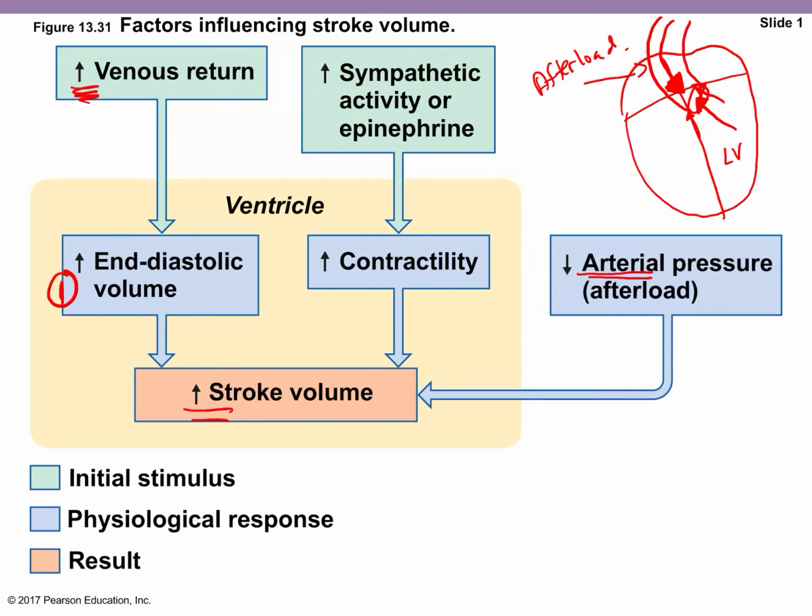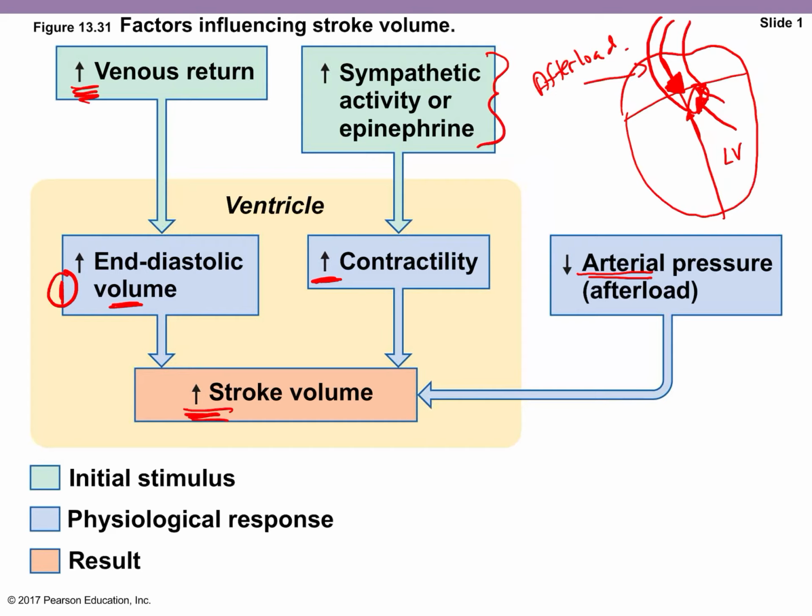So we looked at the end diastolic volume. This is how much blood comes in, right? So venous return, how much blood is coming back into your heart. It's going to fill, right? So the end diastolic volume is going to increase stroke volume because our muscles are stretched and the sarcomeres are stretched to their more optimum position.